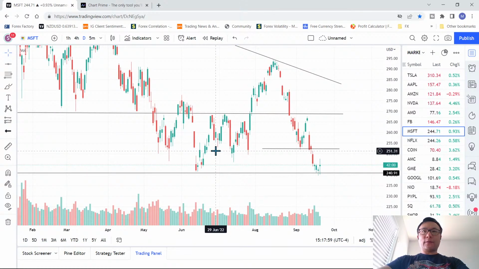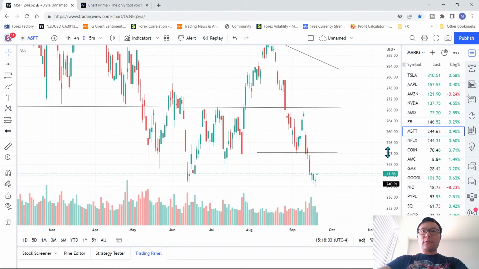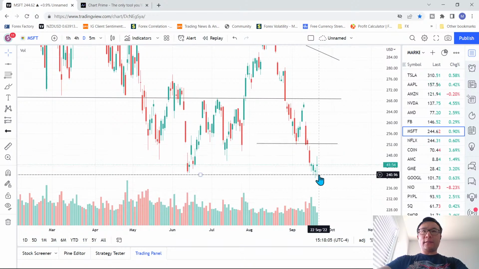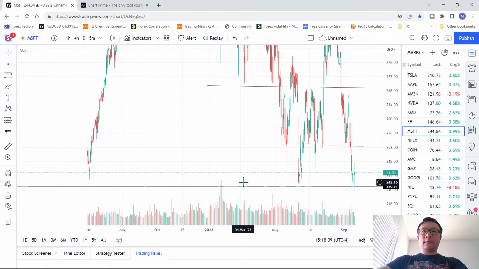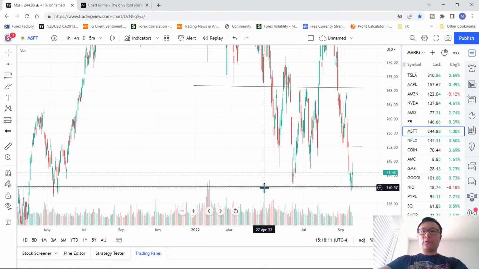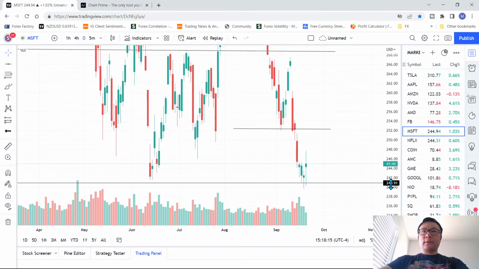Okay, Microsoft. Microsoft was actually a stock that I was talking to one of my students about entering in. And it's basically been holding this support level right here at 241. So you can see an incredibly volatile day today.